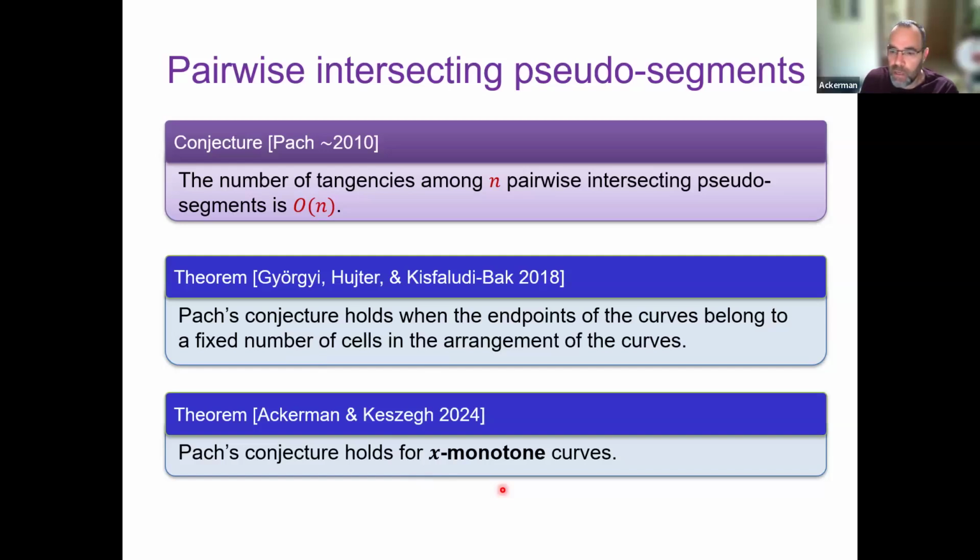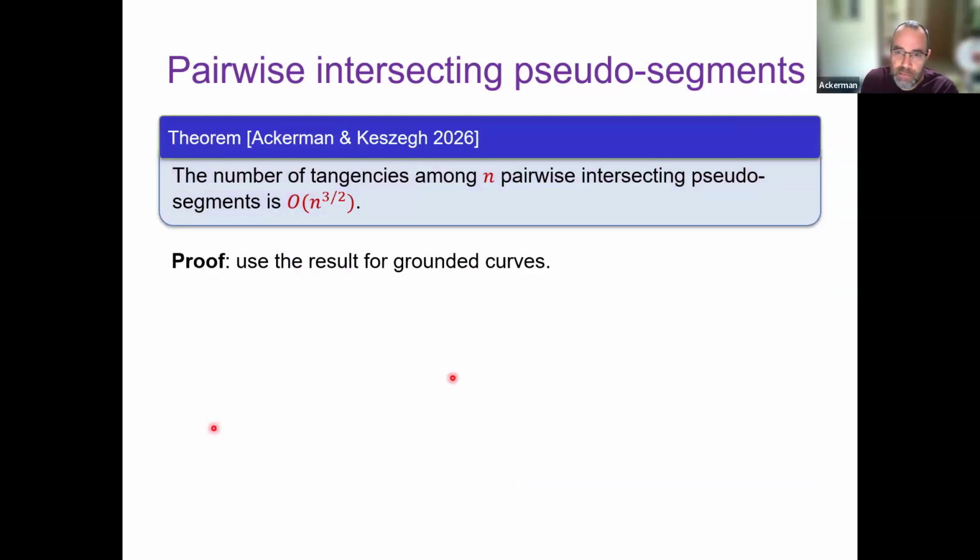But in the general setting, when the curves are not necessarily x-monotone, so far the best upper bound was just the general bound for k-intersecting curves that gives n to the power of 7 over 4. And it follows from our result that you can improve it to n to the power of 3 over 2, because you can just apply the result for grounded curves.